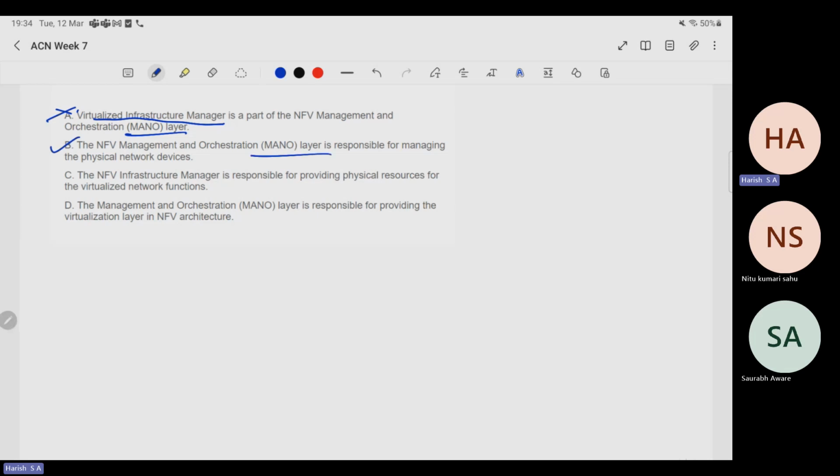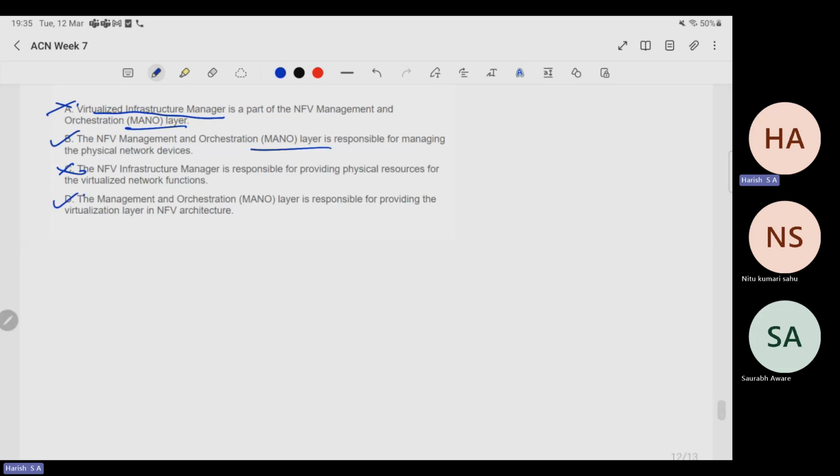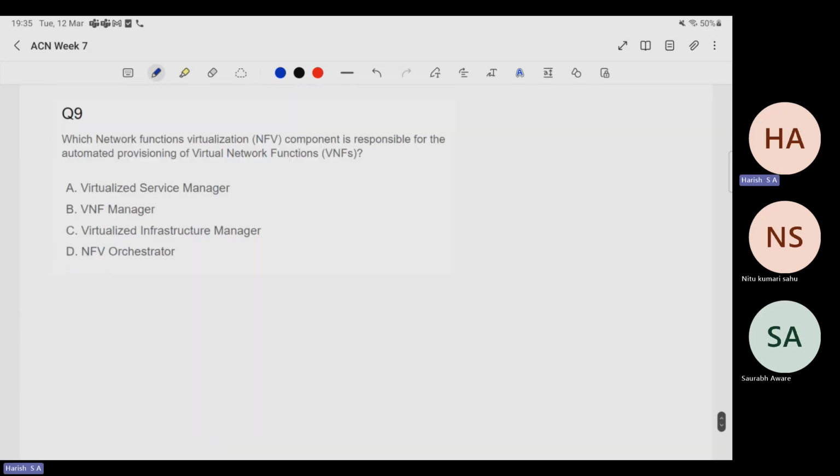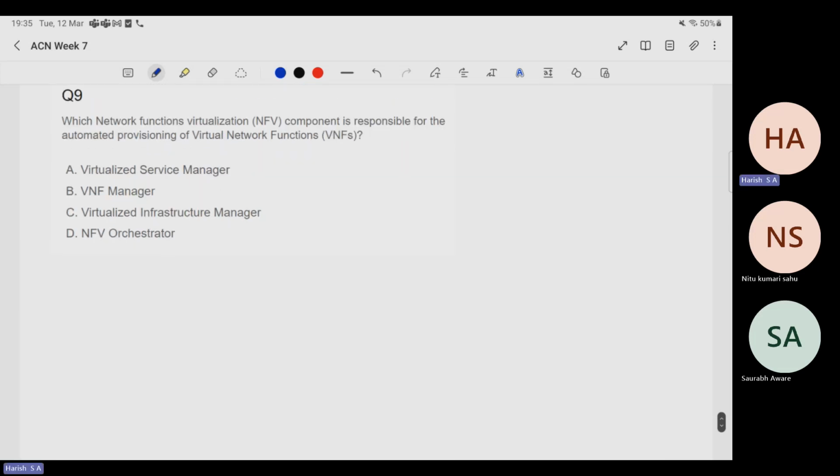And the NFV infrastructure manager is responsible for providing physical resources for the VNF. No, that is not what it does. Infrastructure looks at the infrastructure. So it's not the case here. The management and orchestration layer is responsible for providing the virtualization layer in NFV architecture. So this is, yes. These things come directly from the diagram that was explained in the class, so you can take a look there for more clarity.